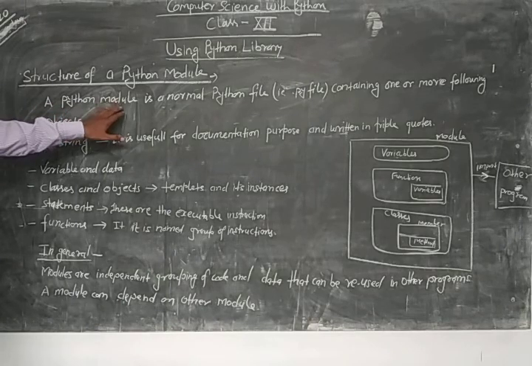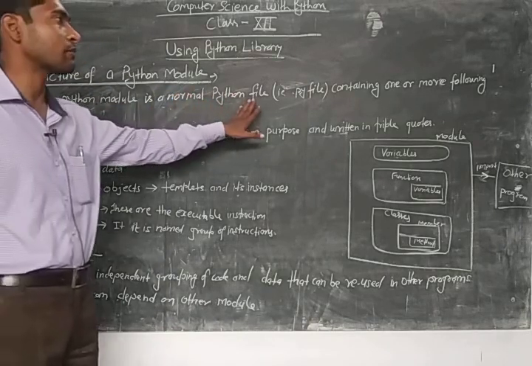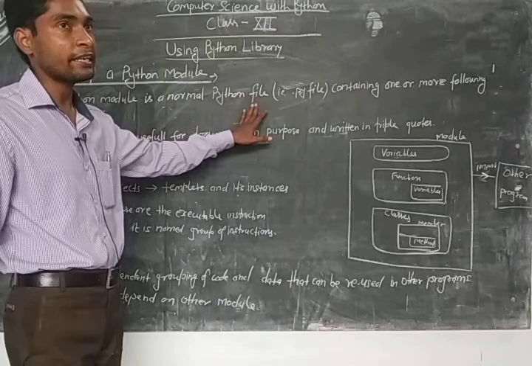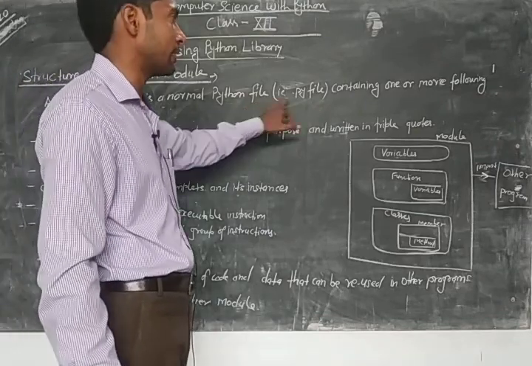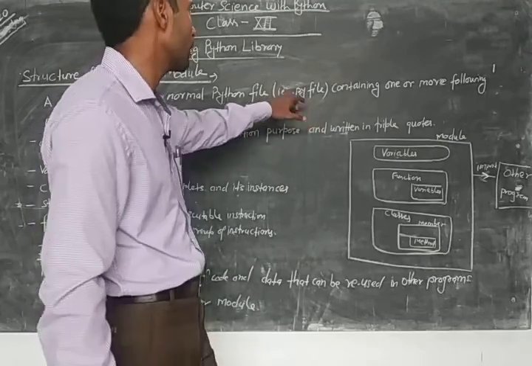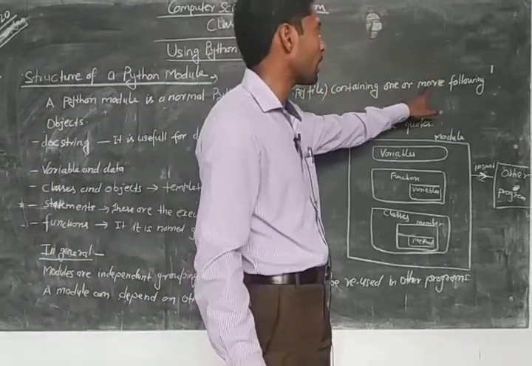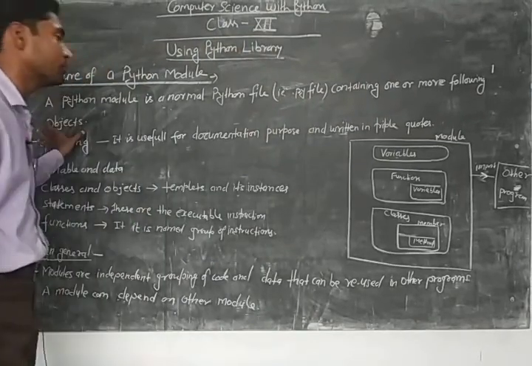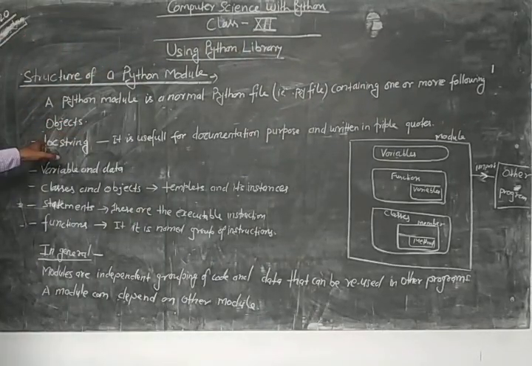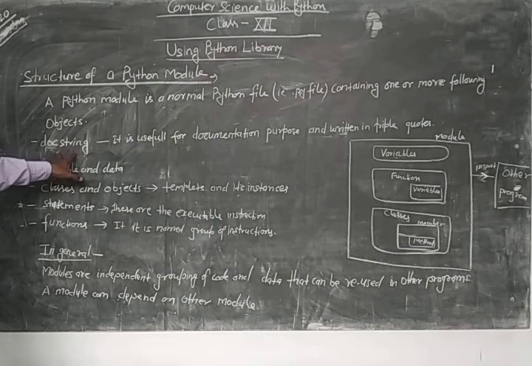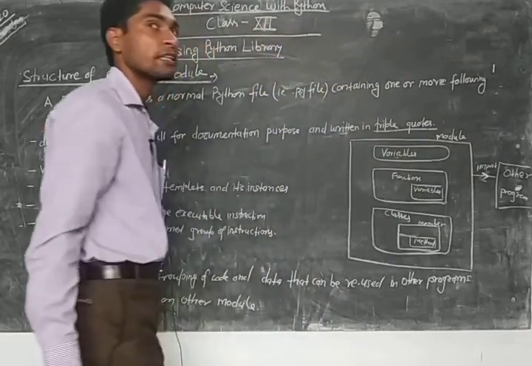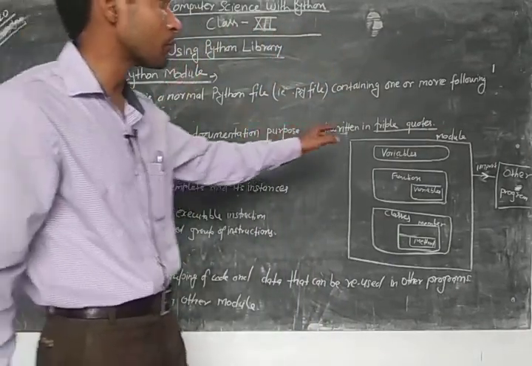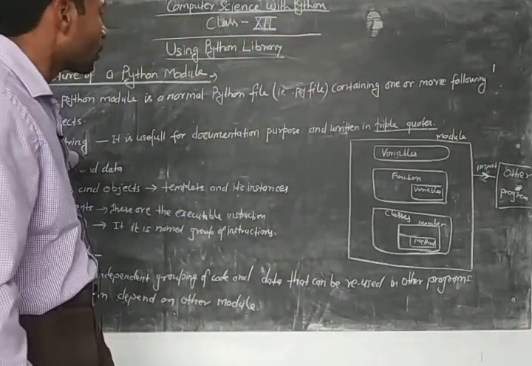A Python module is a normal Python file. A Python file is indicated by the .py extension, containing one or more of the following objects. First, docstring. What is a docstring? Anything that is written in triple quotes is known as a docstring.